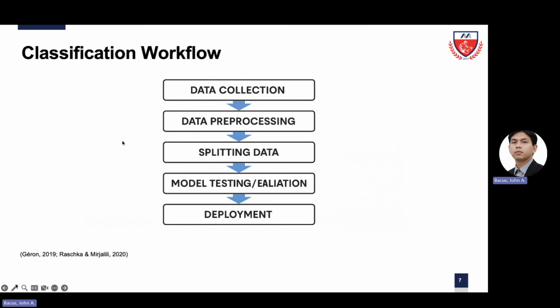Most commonly, 70 is for training and 30 for testing, or sometimes 70 training, 20 testing, and 10 validation. Next is model testing and evaluation. We have to test the model, right? If the model is giving us good accuracy, then we can deploy our model.